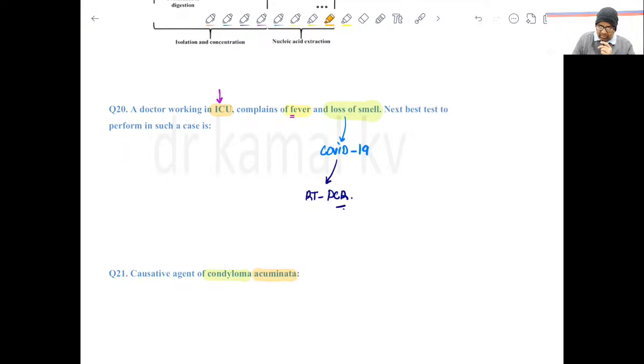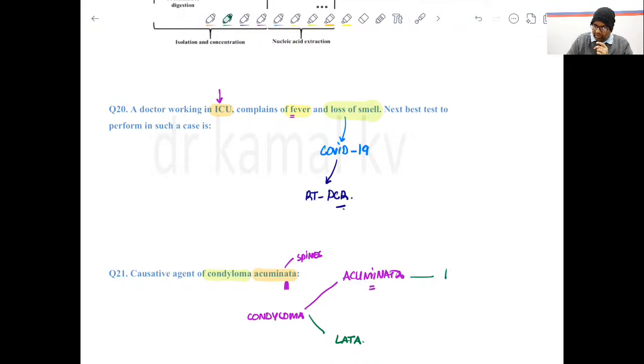Now, causative agent of Condyloma acuminata. Now here you have to remember two terms which start with condyloma. One is, of course, acuminata, and second is condyloma lata. Now, acuminata means spines. So here the lesions are projecting like this, and this is a condition which is caused by human papilloma virus, right?